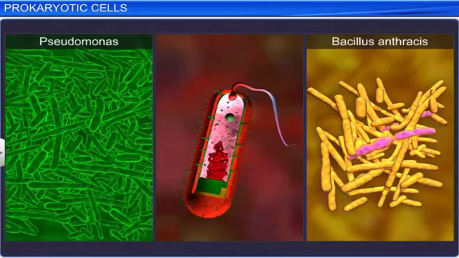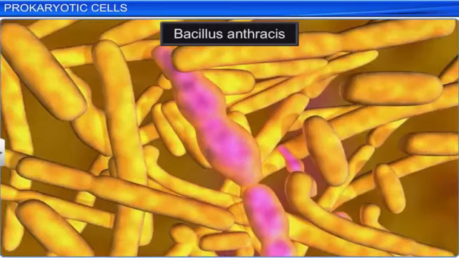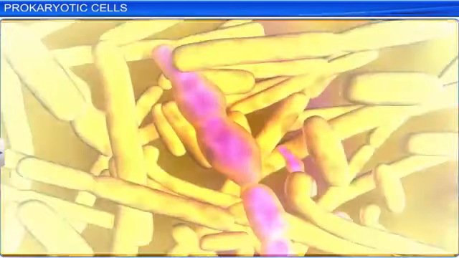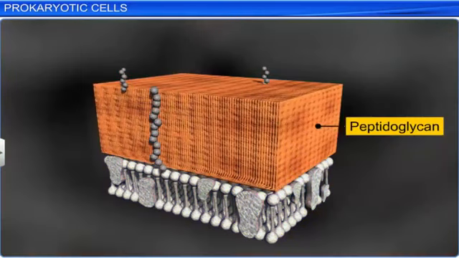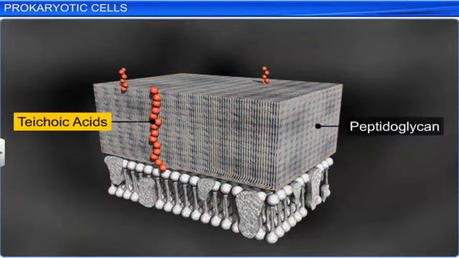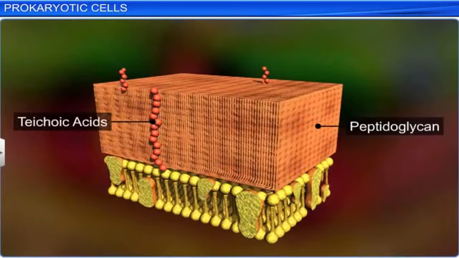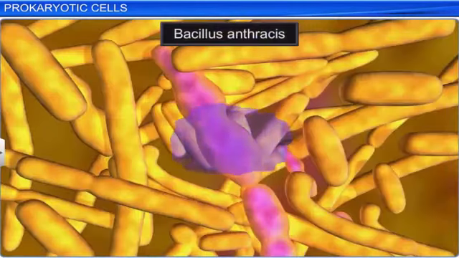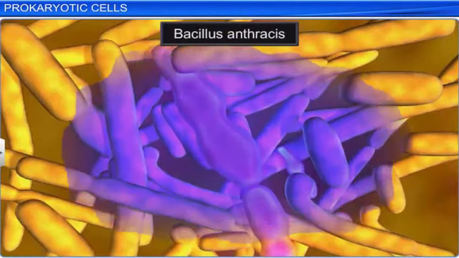On the other hand, the cell wall of prokaryotes such as Bacillus anthracis, composed of a dense layer of peptidoglycan and teichoic acids, turns violet when subjected to the Gram staining procedure.